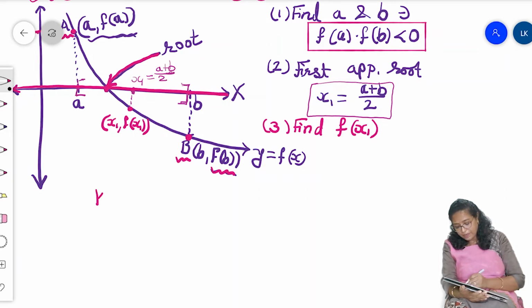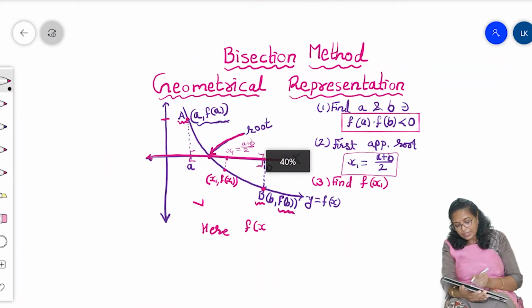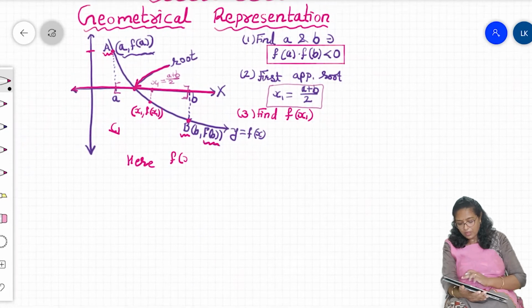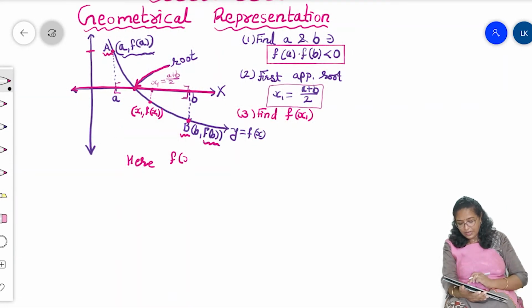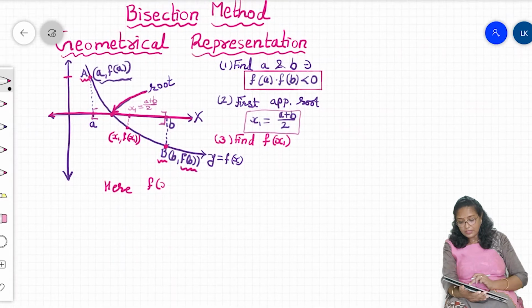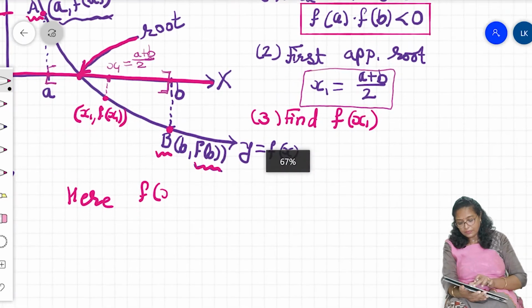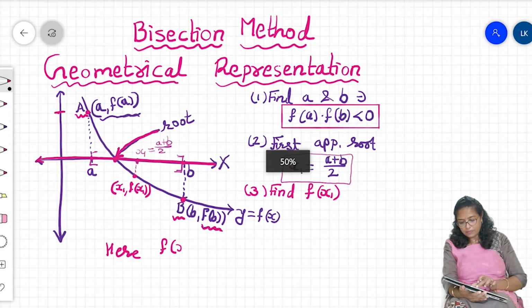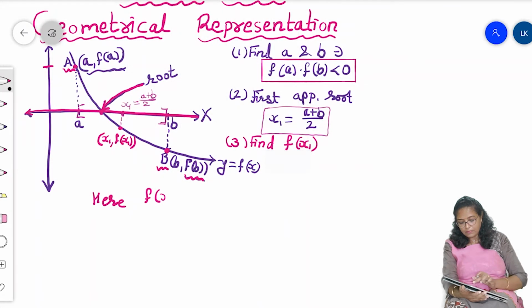Here, f(x1) is less than 0 because it lies below the x-axis. Now f(x1) is negative. What should we do?